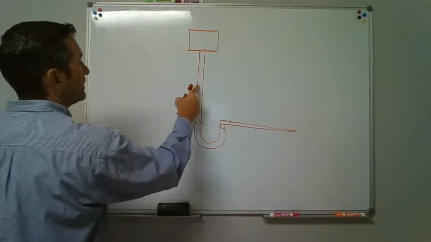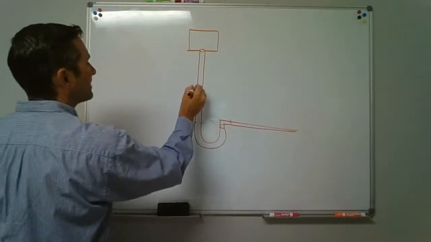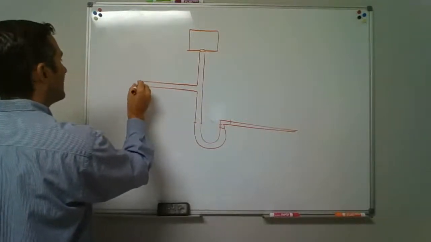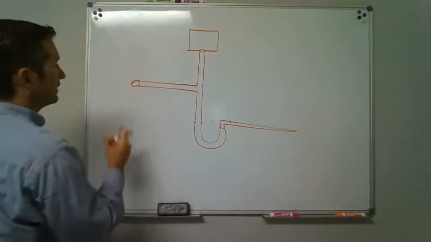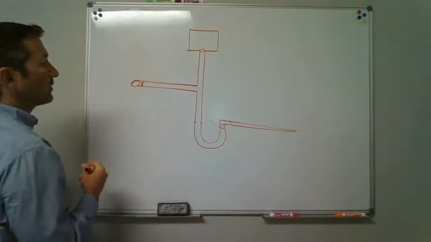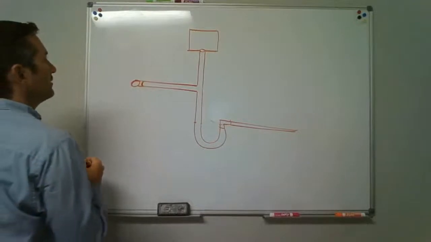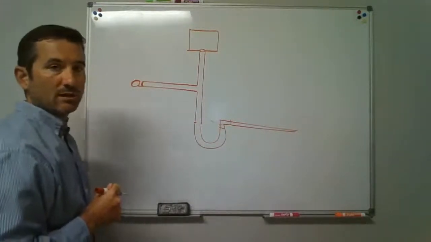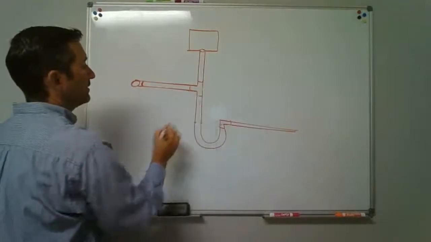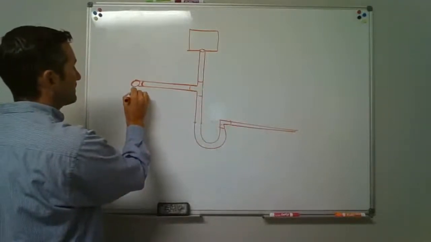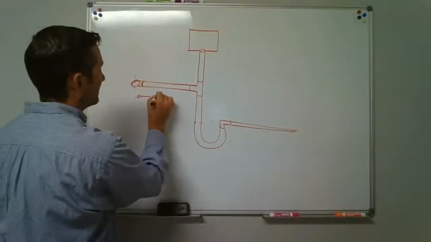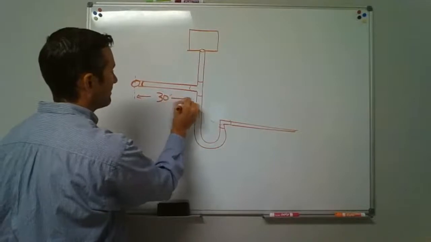It says we can tee off of this line and come across and pick that up and then come out the wall, looking at the opening end of the piece of pipe there, where we're going to connect for a laundry tray connection. It says we can tee it in like that, but this distance is 30 inches maximum.